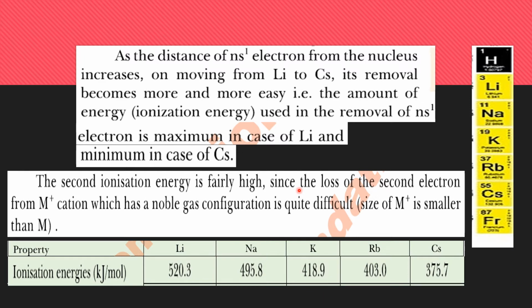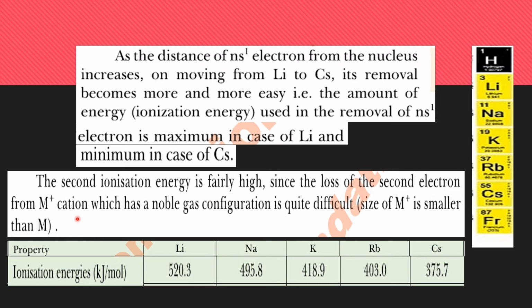Now this value will be fairly high, and it will become difficult to remove the second electron from these alkali metals. This is because when an M positive ion is formed, one electron has already been removed from the valence shell, and this atom now exists as a positive ion.